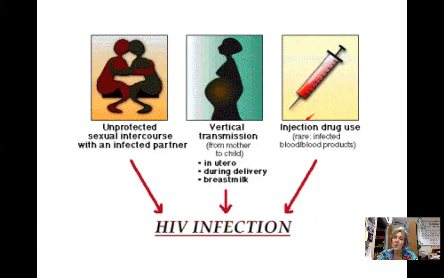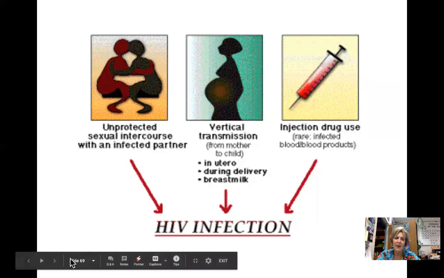And then also by sharing hypodermic needles. We think of this as something that recreational drug users would do, but this is also in poorer countries where sometimes medical equipment is shared and not sterilized correctly. And so that is another way that it's spread.